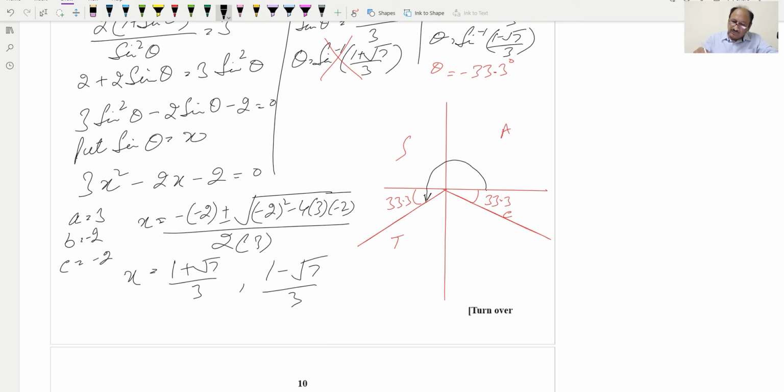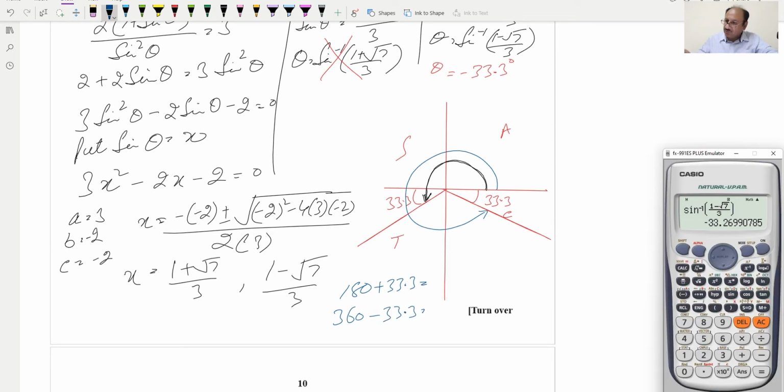So we'll take the first value from here, which is 180 plus 33.3. I'll change the color so that you can identify. This will be one answer, and the second answer will be starting from here till here, which is 360 minus 33.3.